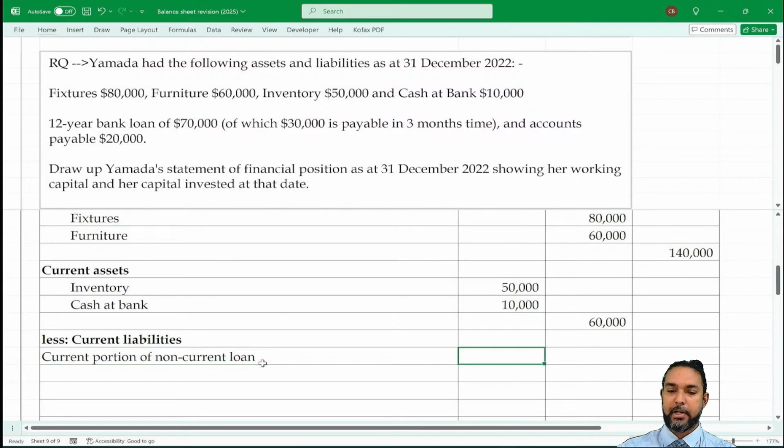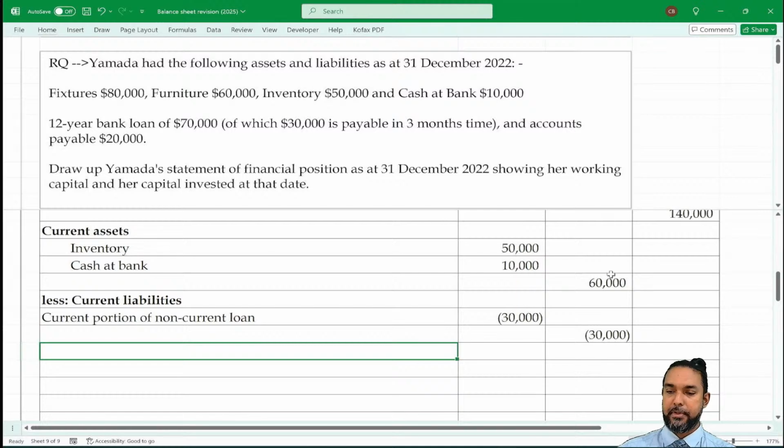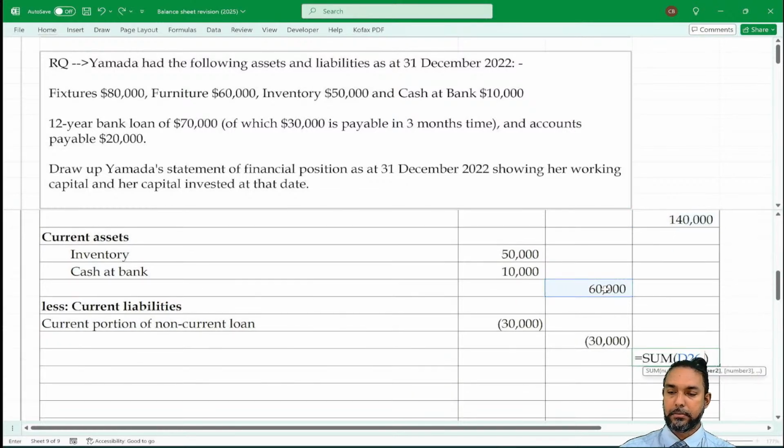What's the amount of that, by the way? 30, right? So now when we take the 30 from the 60, we'll get 30, and that is our net working capital.